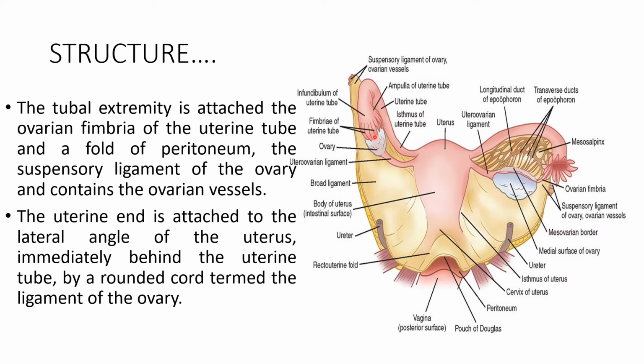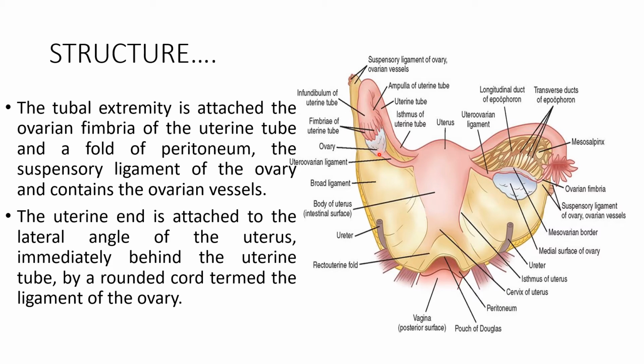So the tubal end is covered mostly by the fimbriae of the uterine tube, and also there is a fold of peritoneum. Here you can see the fold of peritoneum, which is called the suspensory ligament of the ovary, and it contains different ovarian vessels.